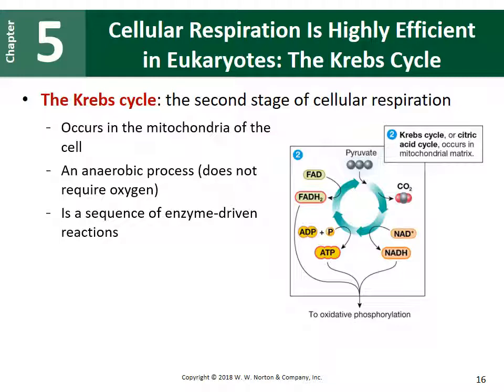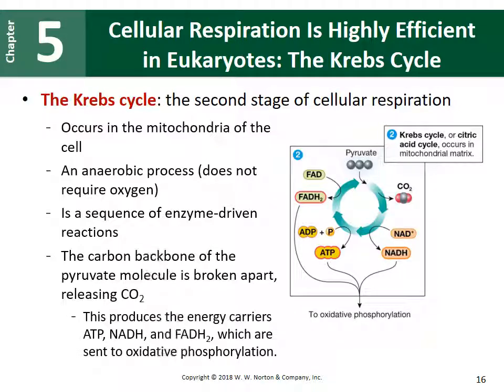The Krebs cycle has 8 reactions, and each of those 8 reactions has its own enzyme. During the Krebs cycle, the carbon backbone of our pyruvate molecule is further broken apart, and that carbon is used to create carbon dioxide, which is released as a waste product.